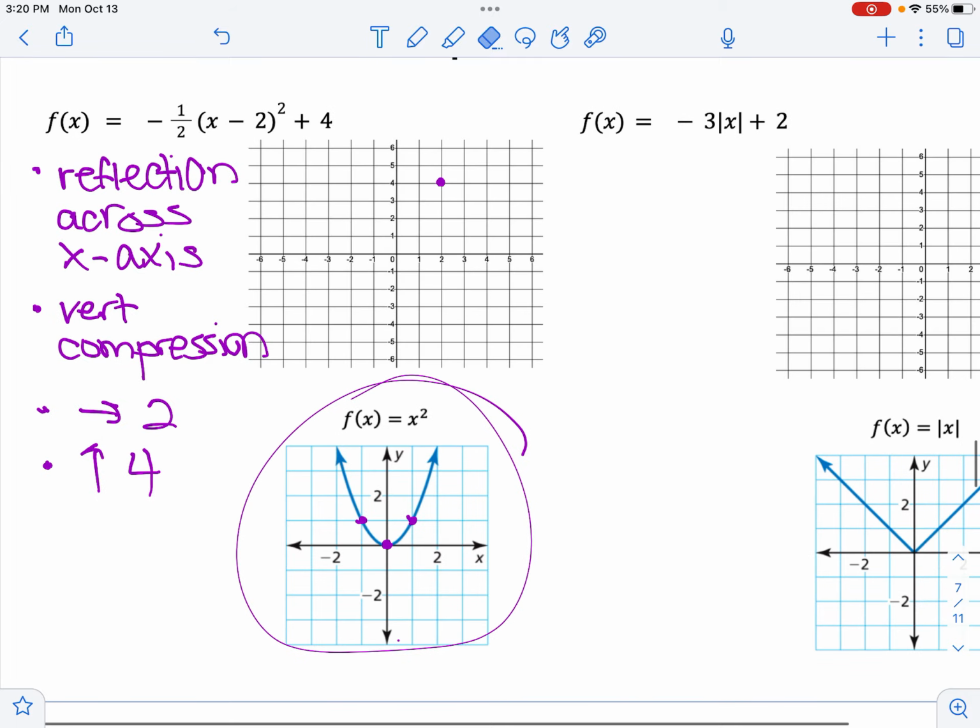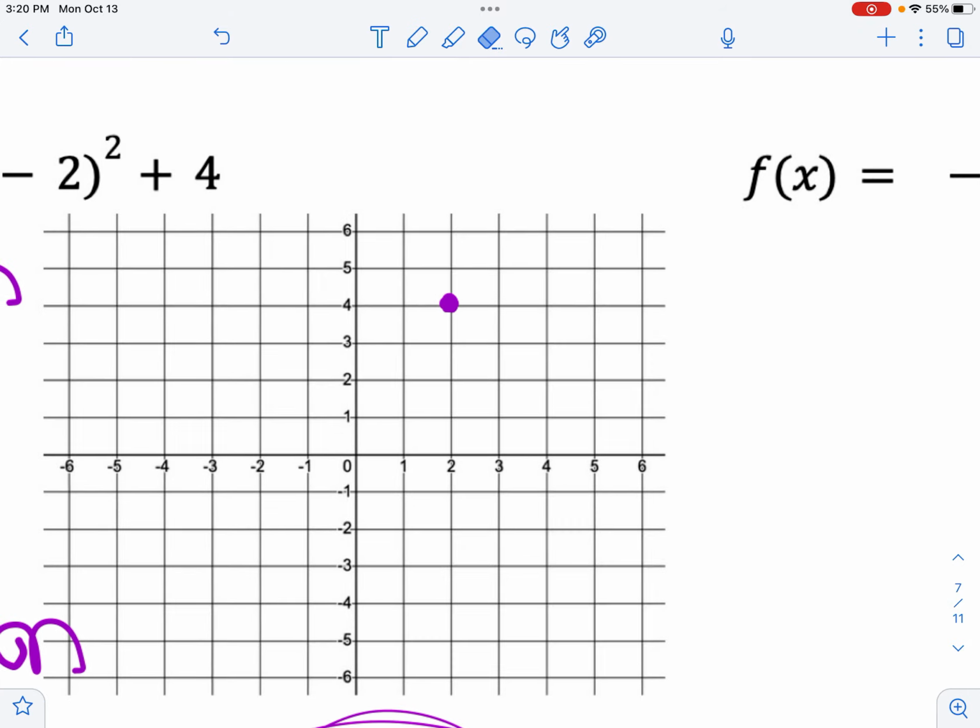Okay, now it's been flipped upside down, so I know that it's facing down. And then I also have this vertical compression by a factor of a half, right? 1/2. So when I do that, I really want to think about, well, normally if I opened up, it would be up 1 over 1, up 1 over 1, right?